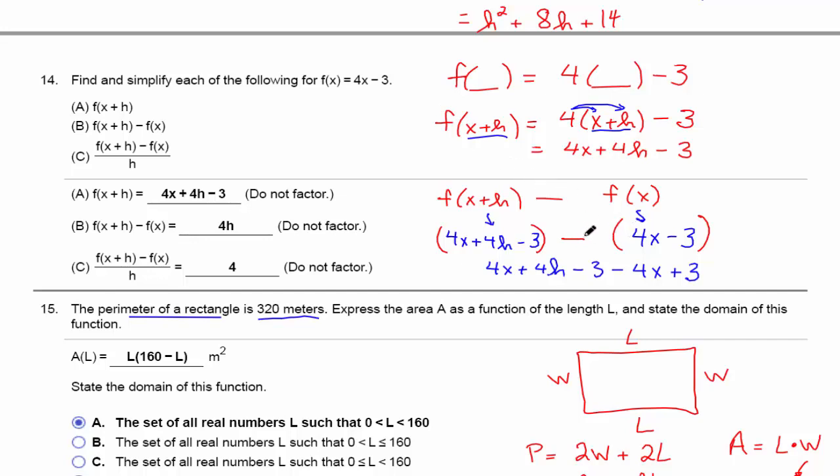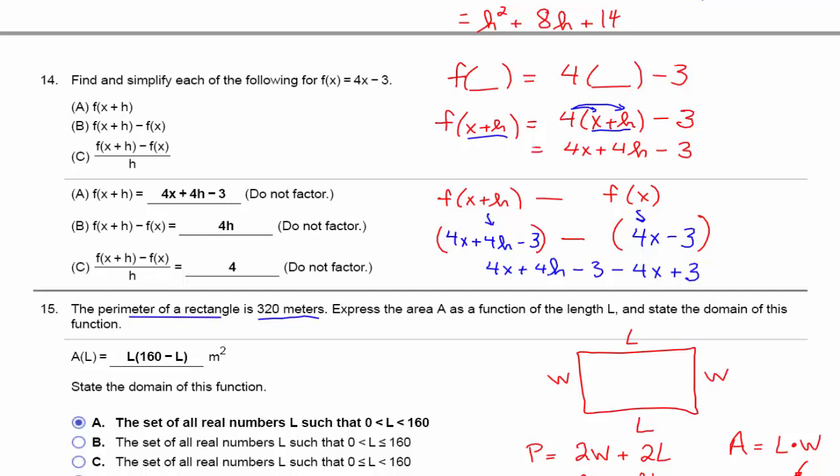Take care of the minus, distributing it in. So I get a minus 4x, and I'd get a plus 3. And then we look to see what cancels, and what cancels is the 4x, the 3, and I'm left with a 4h. In the last part, we simply take the 4h over h, and we get an answer of 4.